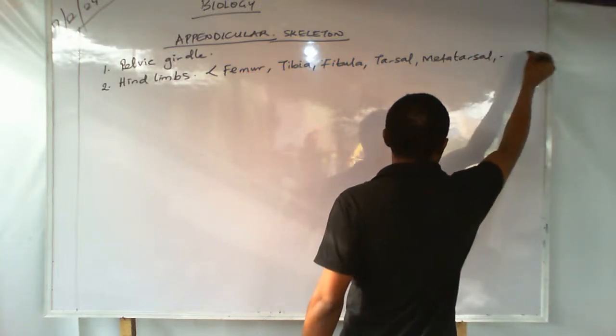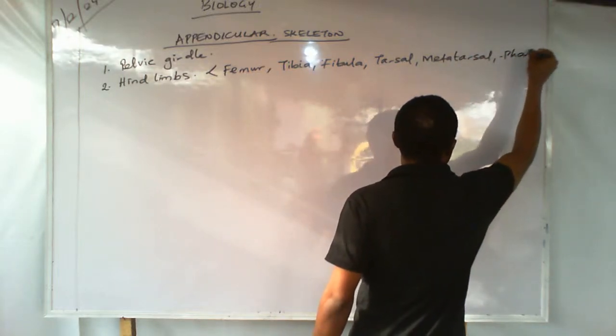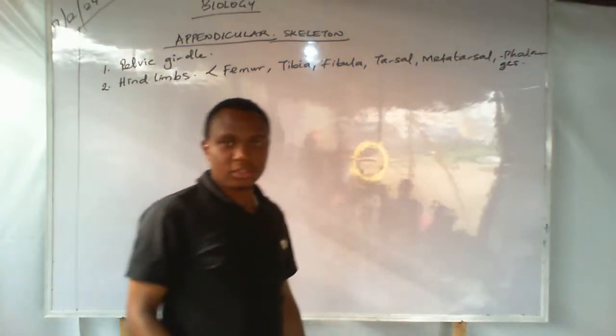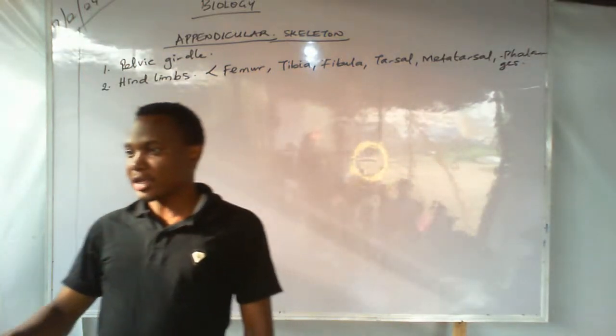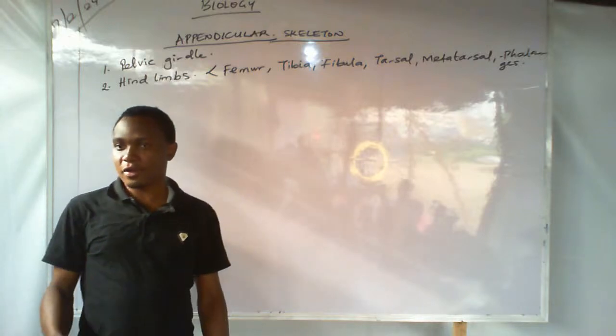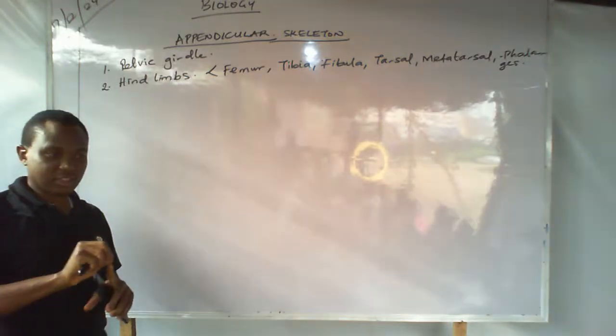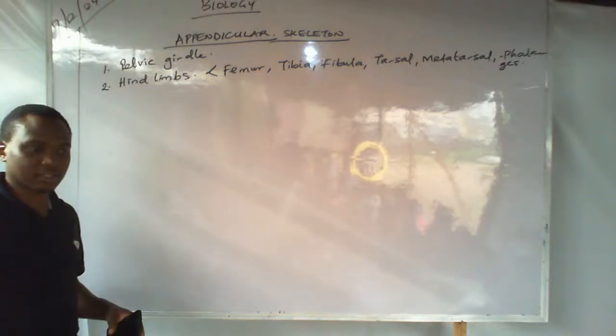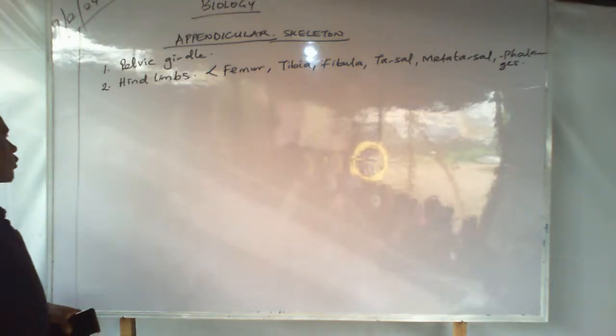Then the tips are always the phalanges. Right at the tip of your finger too, you have the phalanges. That's the last set of bones that we have at the tip of the fingers and the toes.